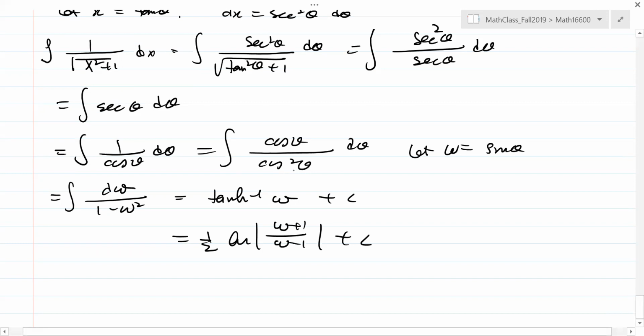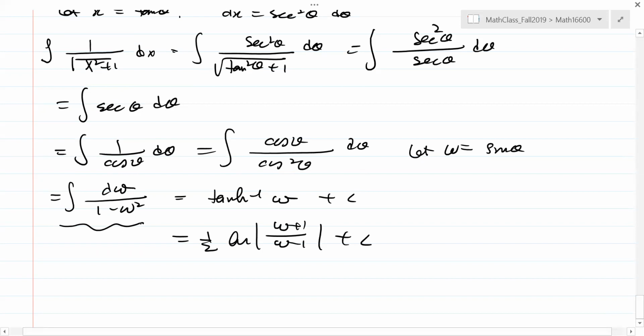Otherwise, this is the standard way. For secant theta, there's only one cosine theta there, so you have to multiply by cosine theta over cosine theta, then use a substitution. It becomes this, and for this one I remember the formula for the antiderivative.